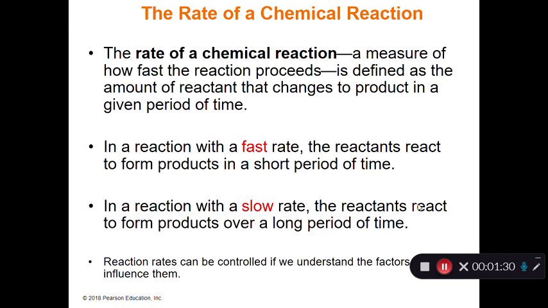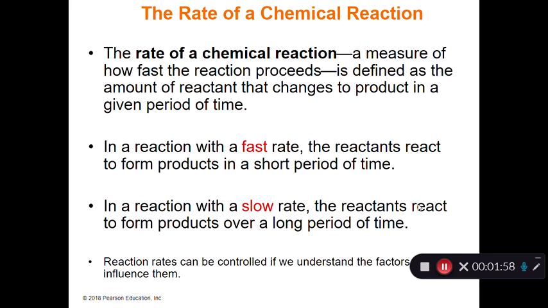These two terms, fast and slow, represent the rate of a chemical reaction. Rate means speed or velocity. They are terms we use in different sciences, physics and chemistry. Whenever we study chemical reactions, we prefer to use the term rate, and we say our reaction is going to be fast or slow.